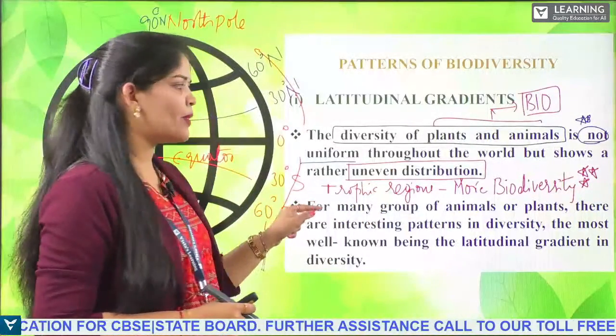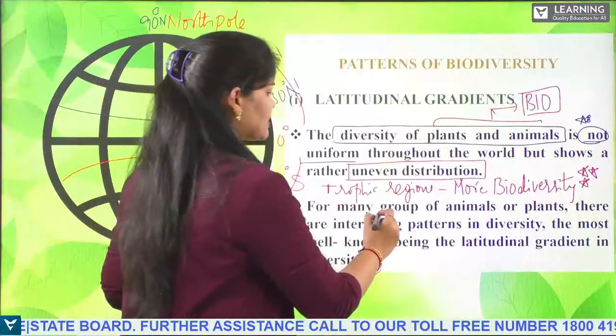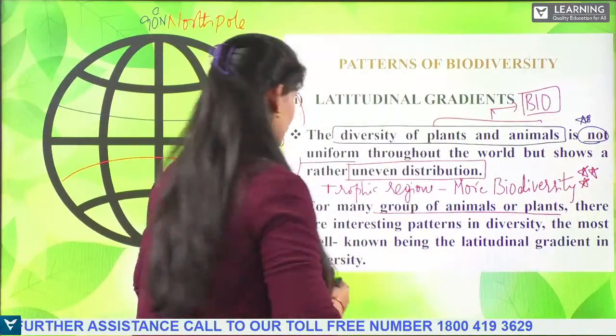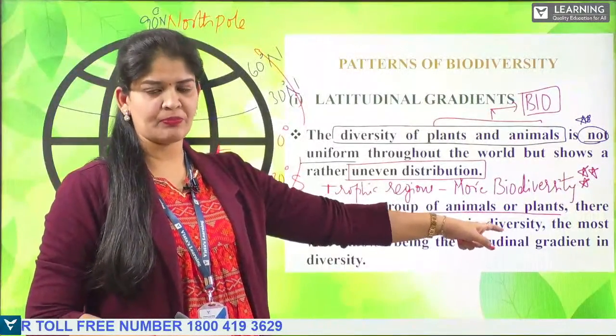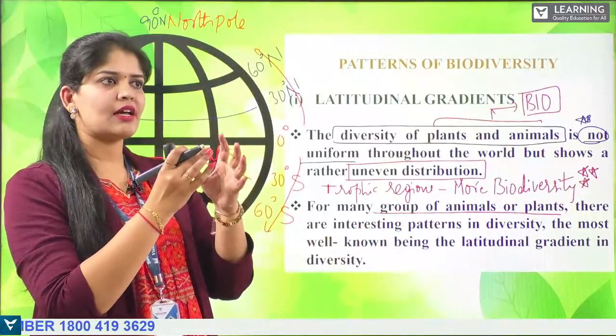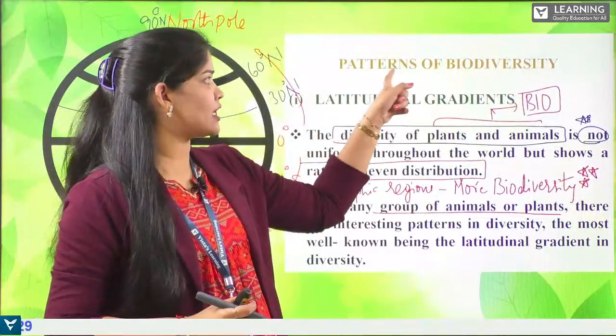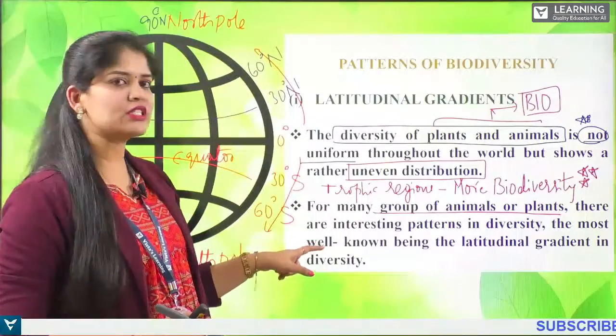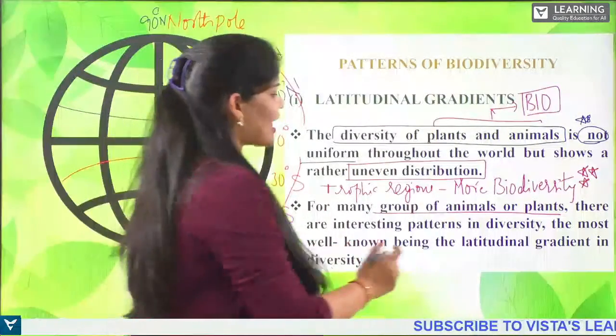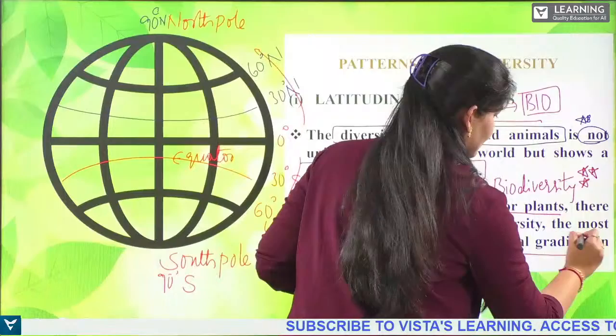Now, for many groups of animals and plants, there are interesting patterns in biodiversity. We can see they are arranged in different patterns. That is what we call patterns of biodiversity. The most well known being the latitudinal gradient.